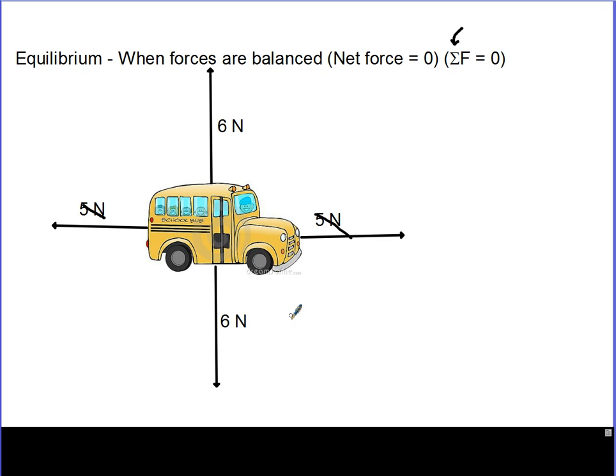This bus, though, could also be moving. You can be moving in equilibrium, and we'll talk about what that means a little later. But looking at your motion graphing, you should be able to see how moving at a constant speed often has some parallels to being stopped, to not moving at all. So you can kind of connect those ideas there and bring in your forces and your motion.